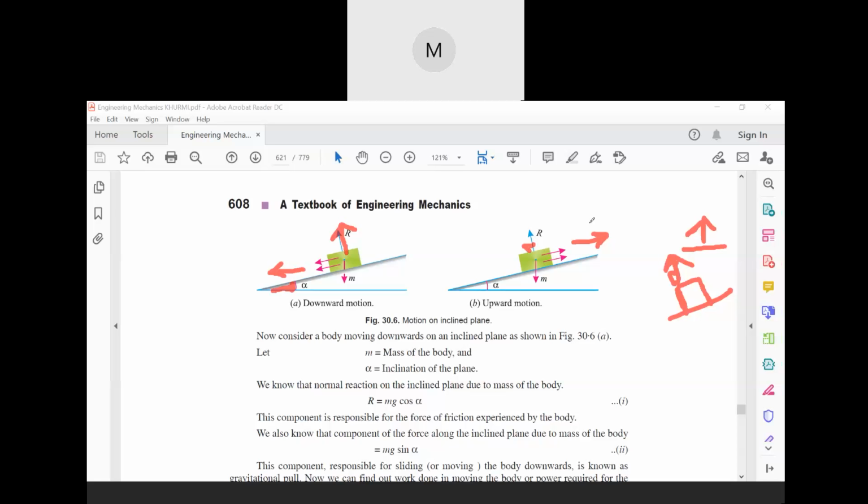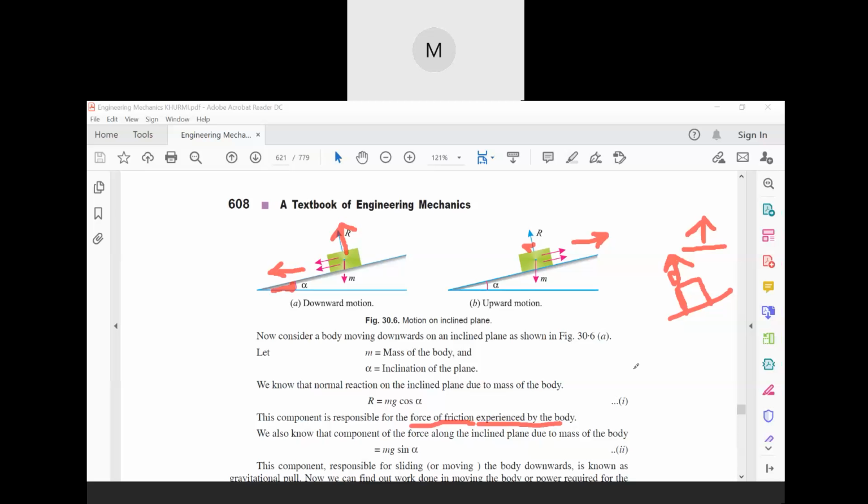So what happens is that normal reaction R equals mg cos alpha. If R is equal to mg cos alpha, this component is responsible for the force of friction which is experienced by the body.